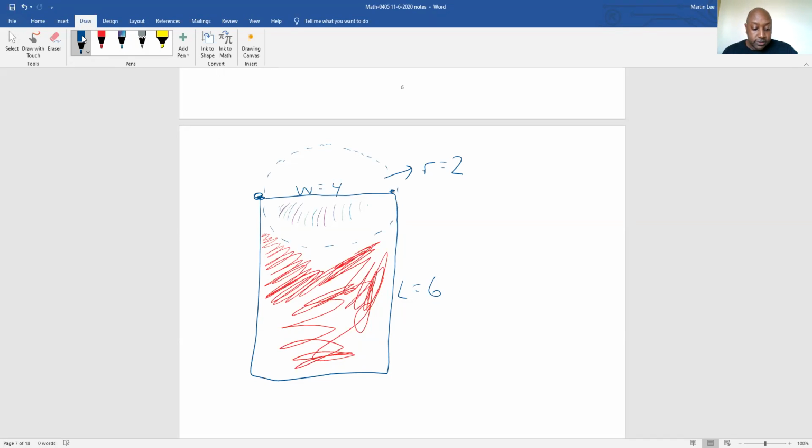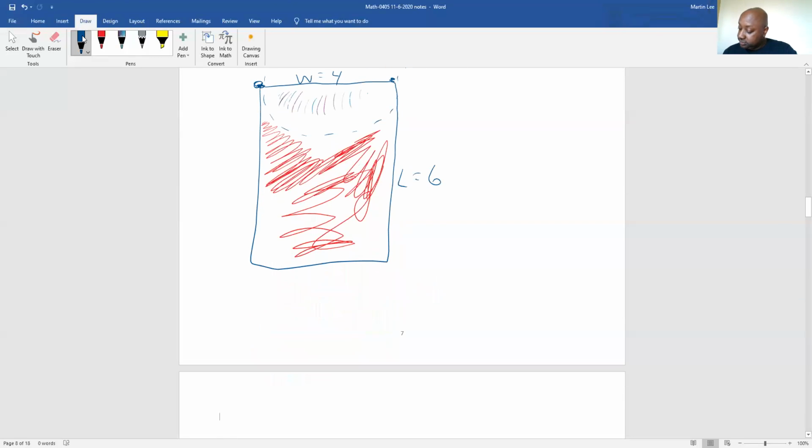Now let's write out what this is going to look like to calculate the area of the shaded region. So area of shaded region is going to be the area of the rectangle minus half the area of the circle.